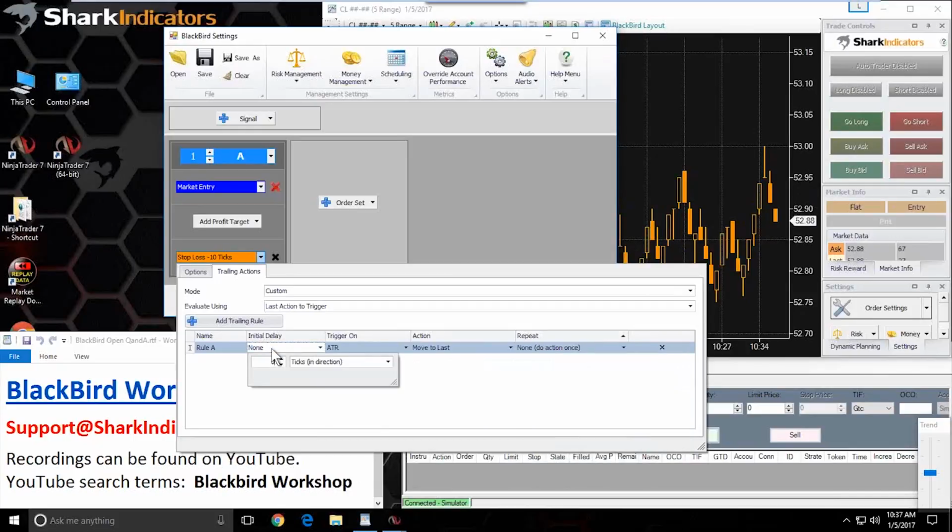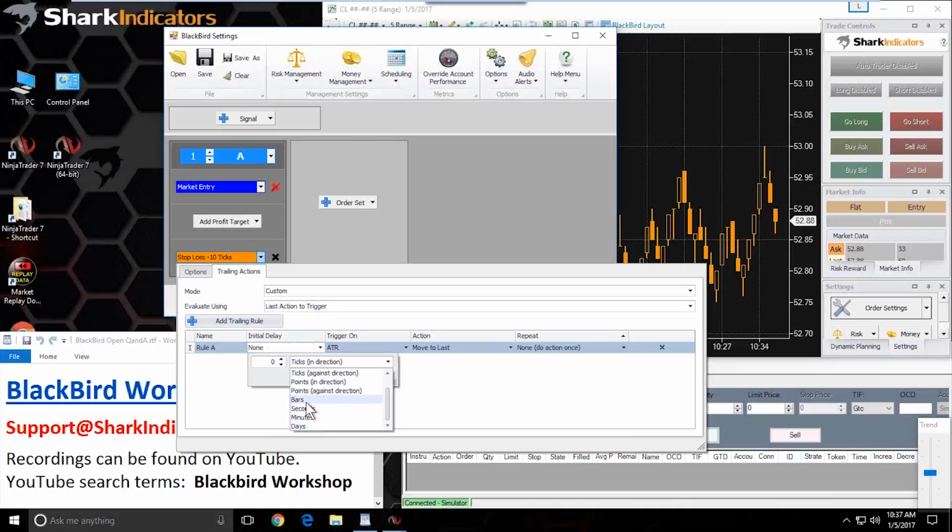All right, let's take a look at some of the initial delays here. The word delay implies a time-based thing, some kind of counting mechanism. Usually that refers to a time delay, or you could have a counting delay. The options at the bottom here are basically time delays: seconds, minutes, and days.